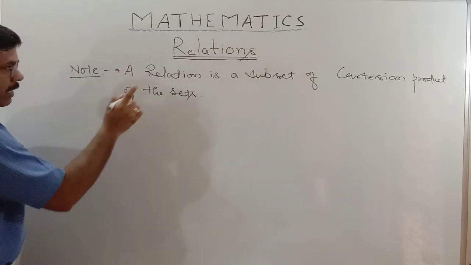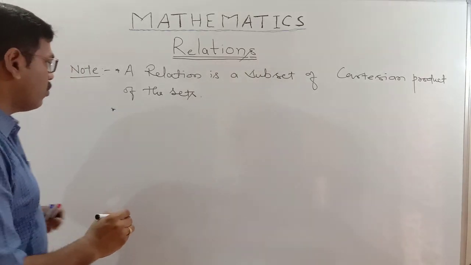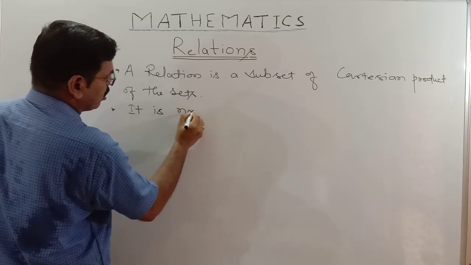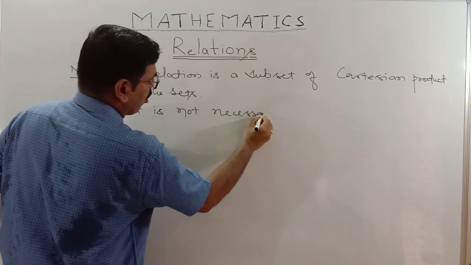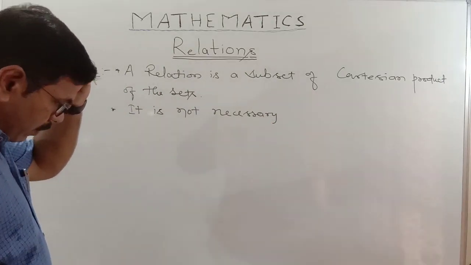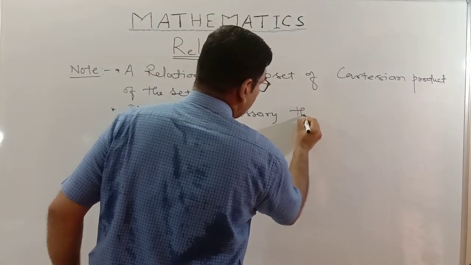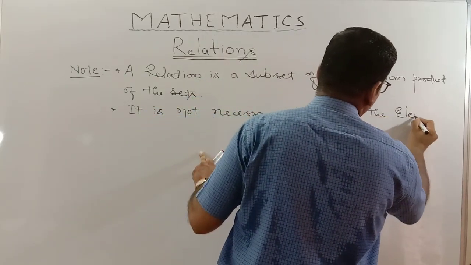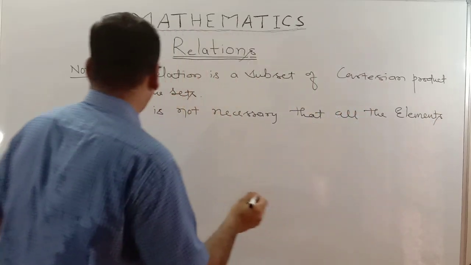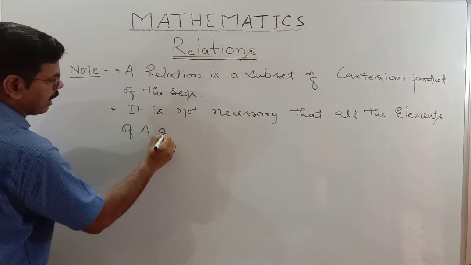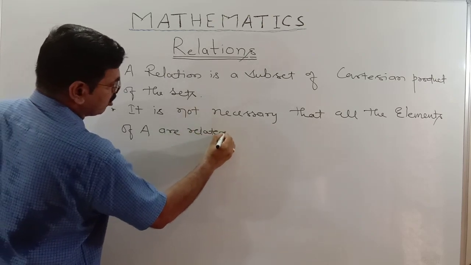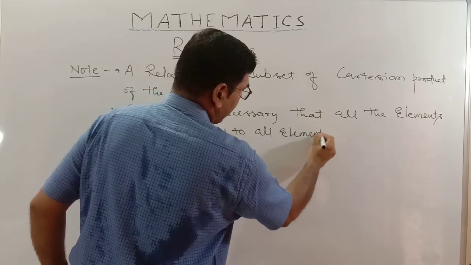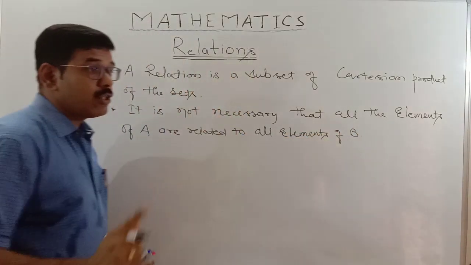Okay, I am clarifying this further. It is not necessary that all the elements of A are related to all elements of B. It is not correct.